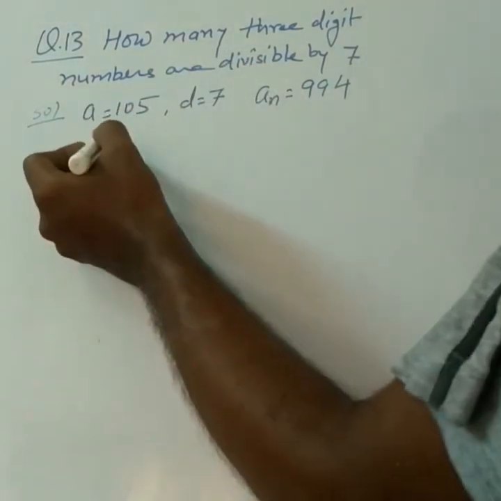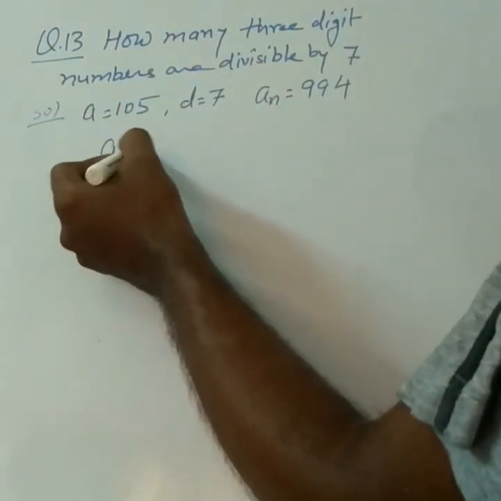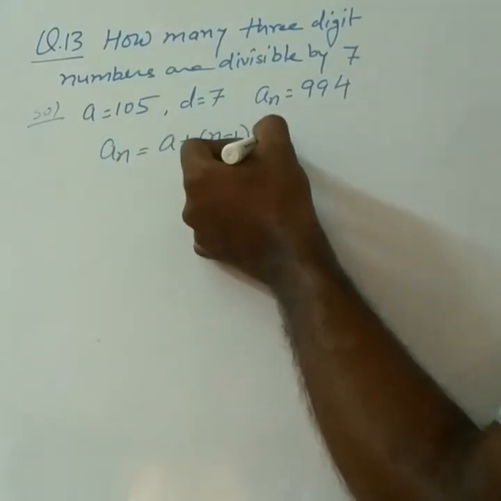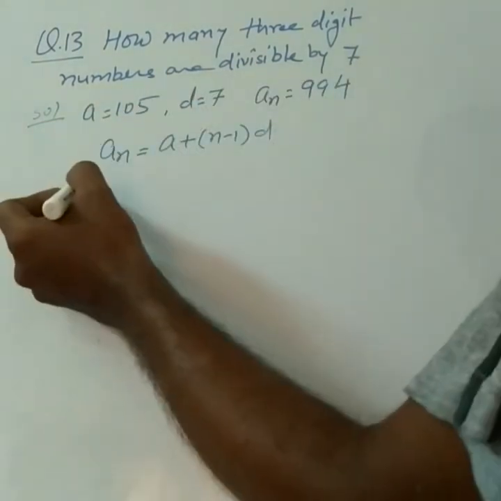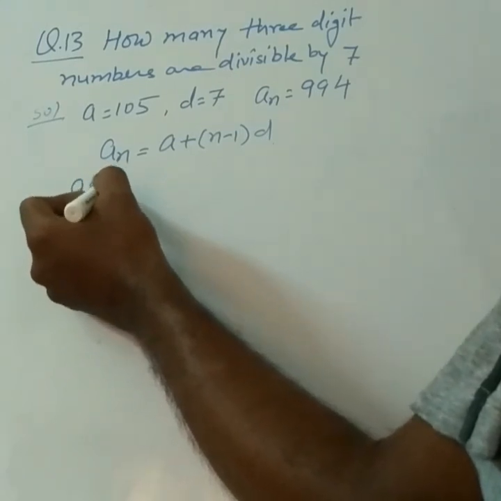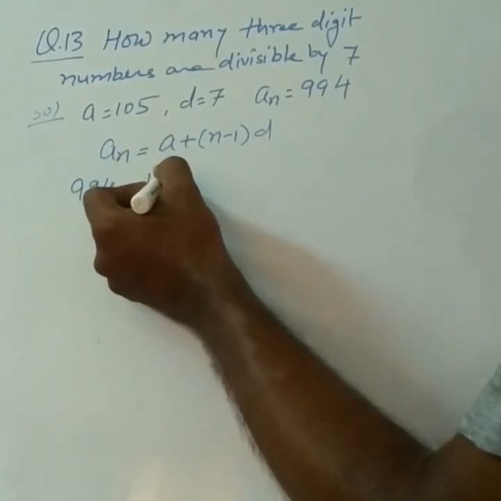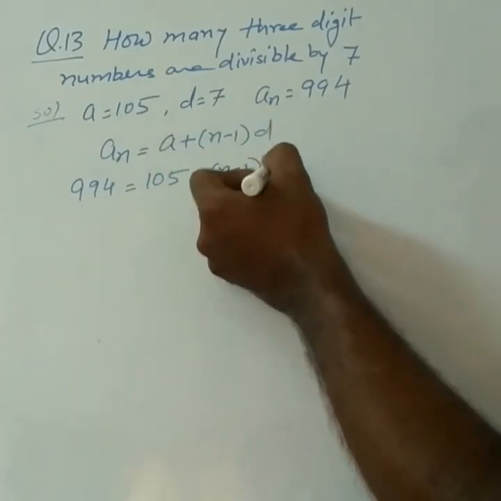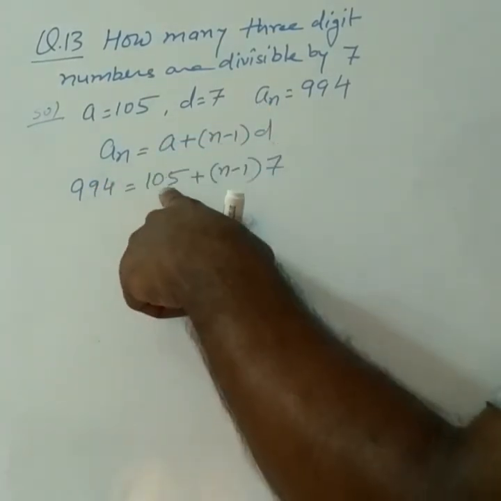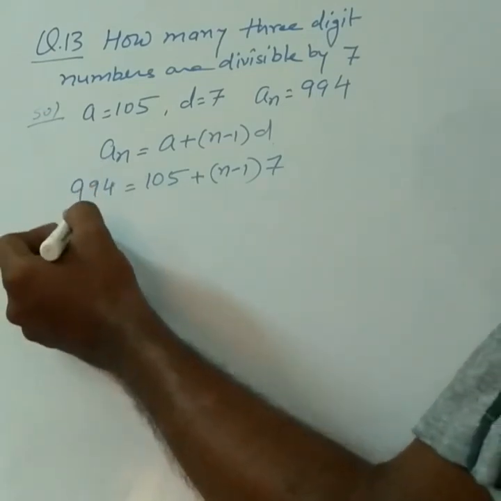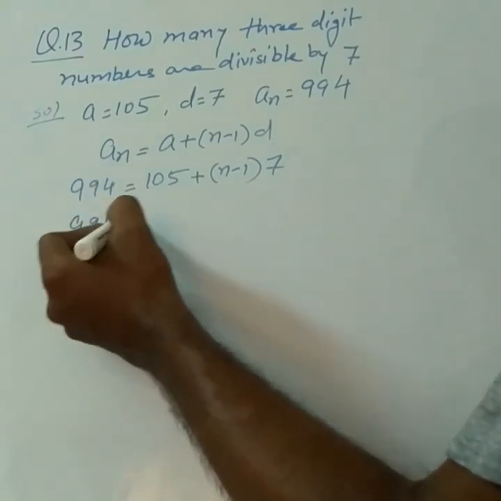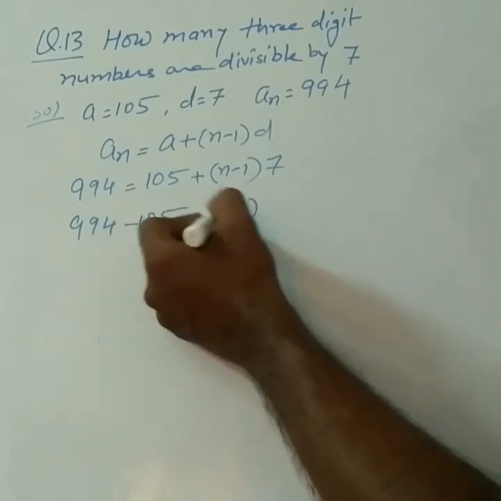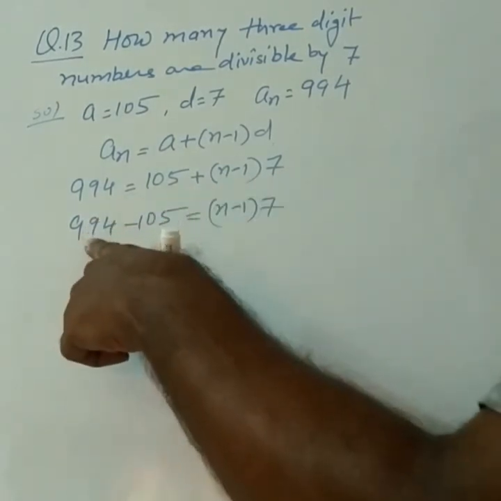Now since we have the first term, D and the last term of the AP, we can easily calculate N. Formula for AN is A plus N minus 1 into D. AN is 994, A is 105, N minus 1, D is 7. Shift this 105 on this side. 994 minus 105 equal to N minus 1 into 7.